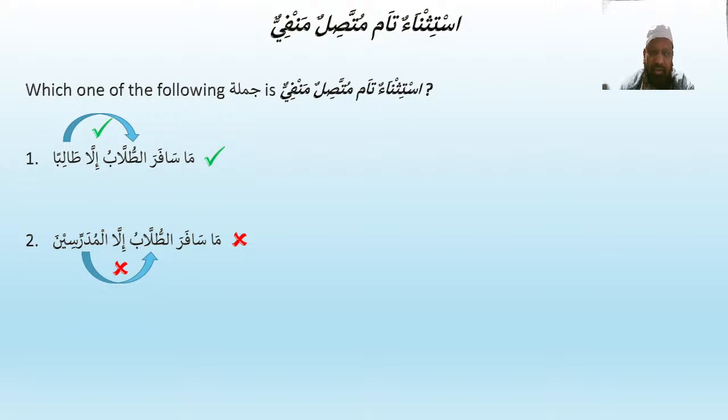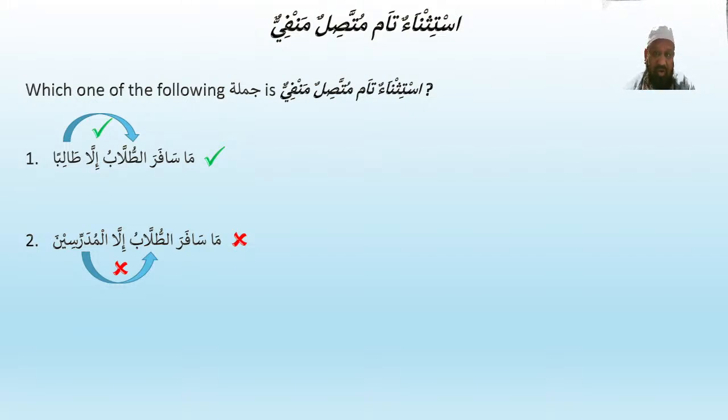For today's lesson, this is istisna'un tamun muttasilun manfiyun. Everyone understood what is istisna tam muttasil manfi? Manfi is easy. The jumla is a negative jumla. There is a harf nafi there. Muttasil, mustasna, is it part of mustasna minhu or not?